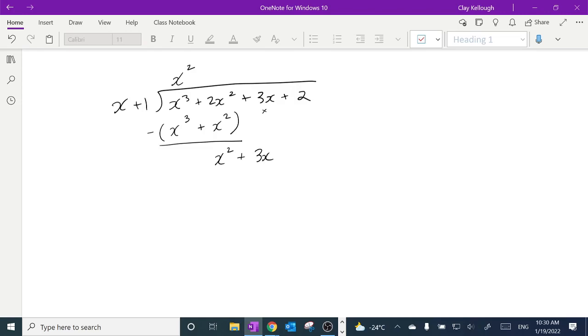All right, what do I have to times x by to get to x squared? I have to times it by x. X times x plus 1 is x squared plus x. 3x minus an x is 2x. Bring down the 2.